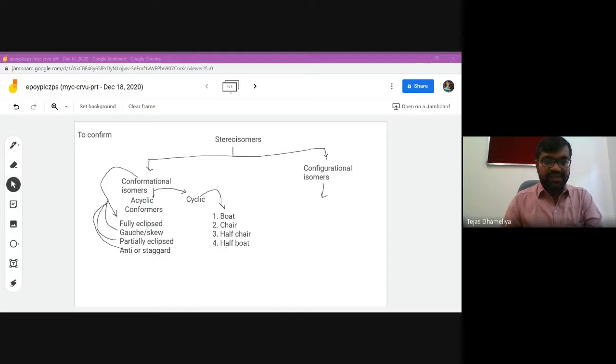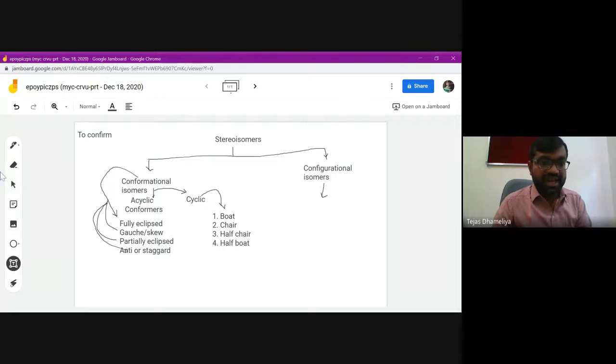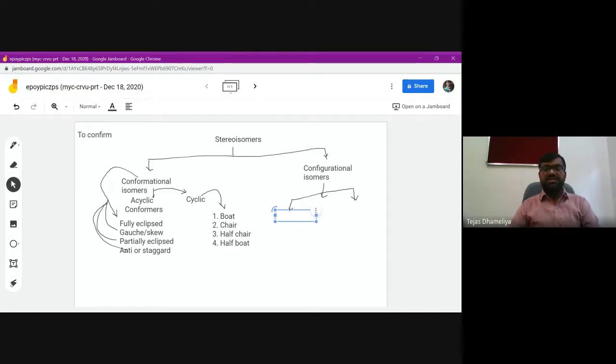Now let us go to the configurational isomers. The isomers which have different constitution and differ from each other. Depending upon the two types, they are known. One is called configurational isomers which may be optically inactive isomers.